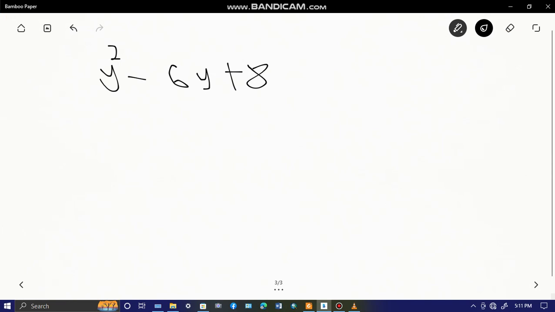You are being told to factorize y squared minus 6y plus 8. To factorize this is the same procedure. You have to multiply. The process of multiplication, you don't have to show it on your notebook. You can multiply elsewhere to find the product of the first and the third term. You find out that the product is 8y squared.